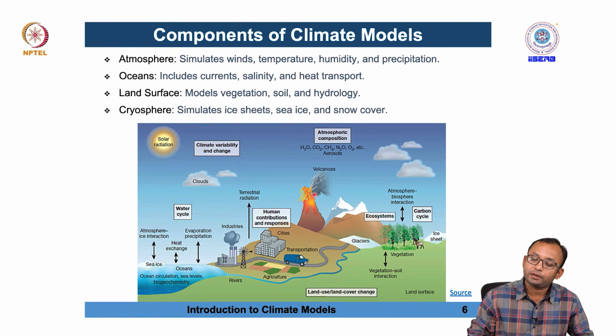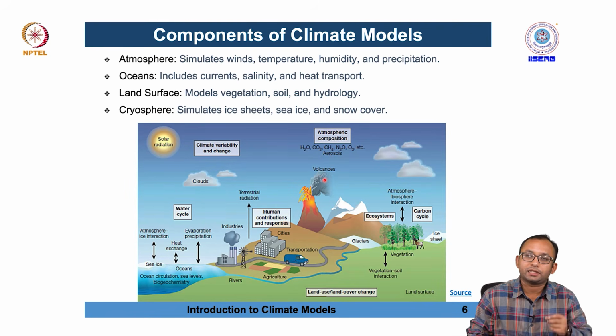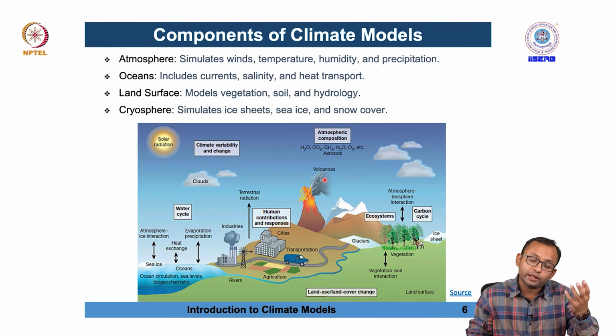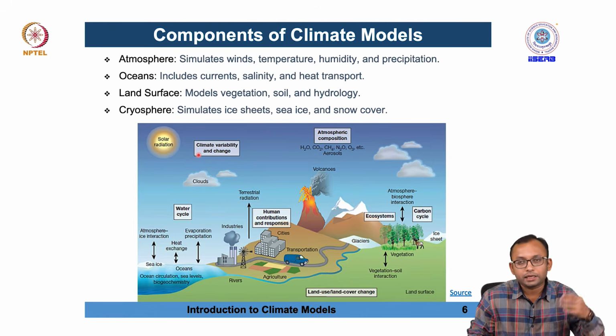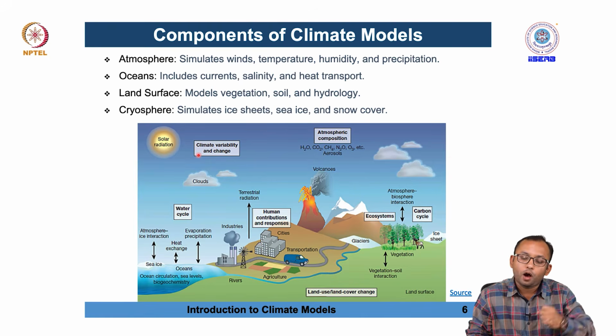There are volcanic eruptions, and a certain amount of gas is released into the atmosphere that also interacts with clouds or atmospheric substances and changes their properties as well. That is what we also use in the model. Then we also have solar radiation: how much energy is coming from the sun, how much is absorbed by different land use, land cover properties, and how much is leaving the earth and interacting with the different types of gases that are there.